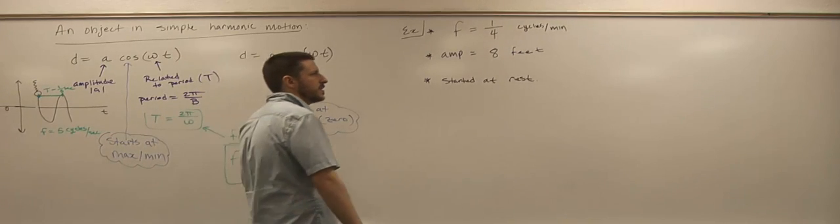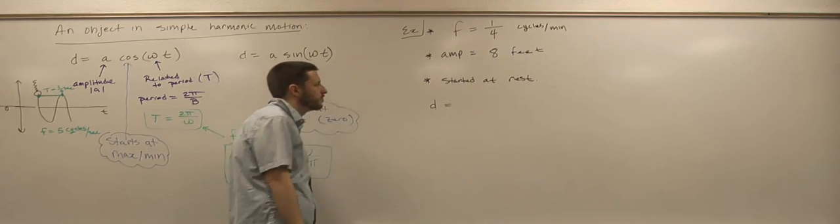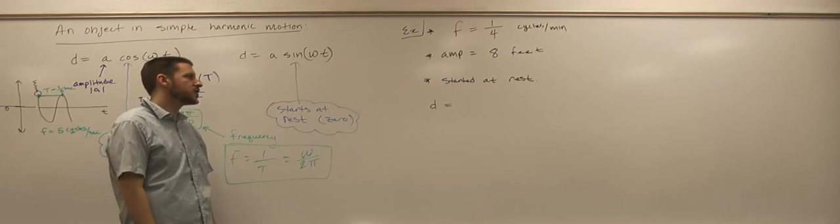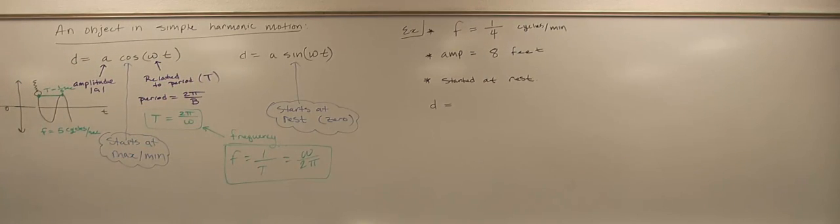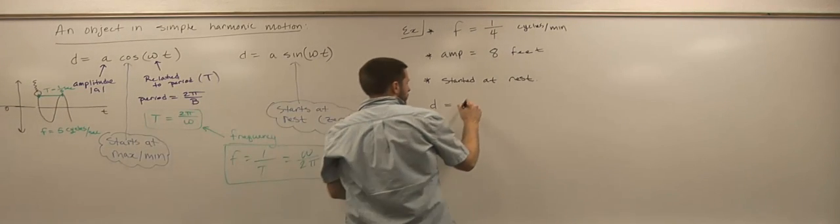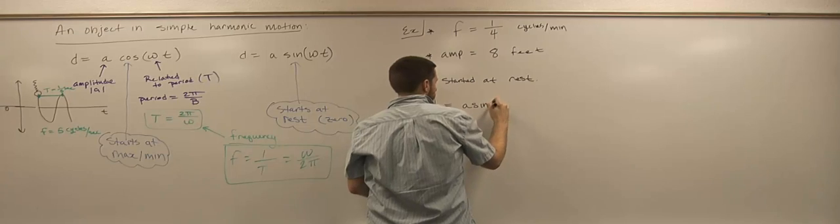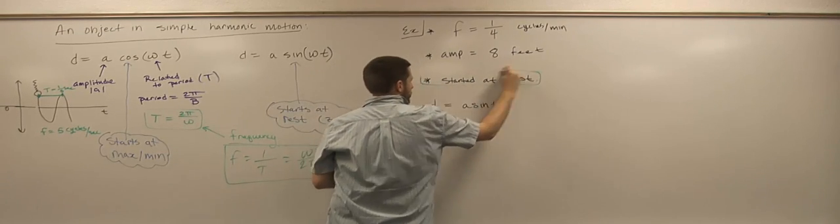Express its distance from equilibrium d as a function of t, time. So first of all, we can use either sine or cosine. Which one do you think we want to use here? Sine, because it started at rest. So this tells us to use sine.